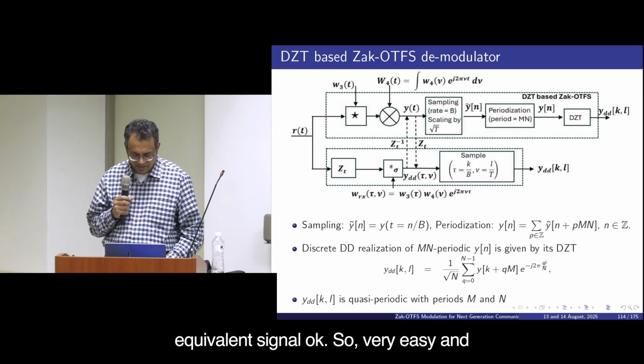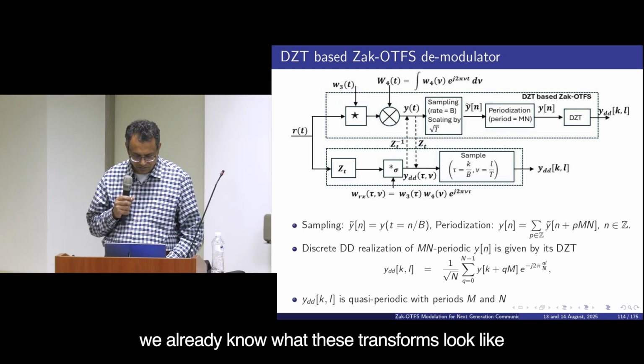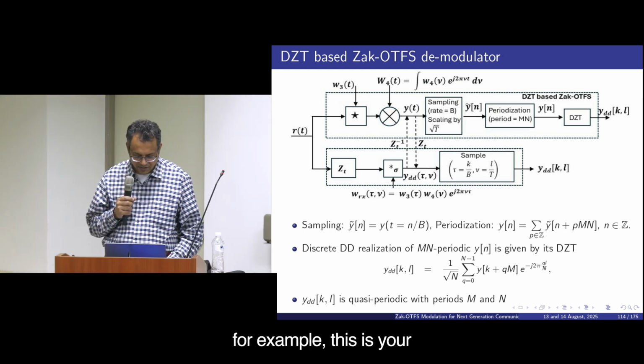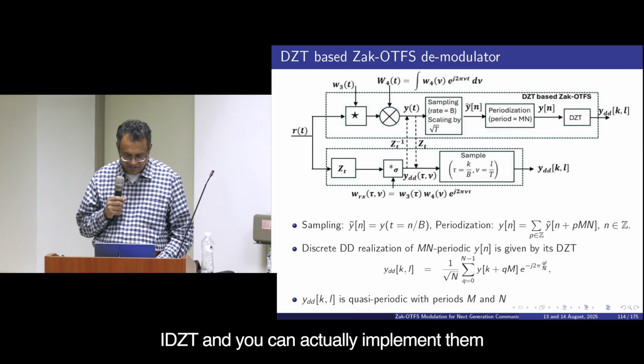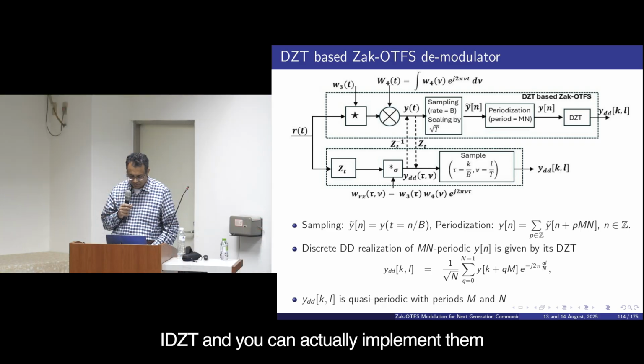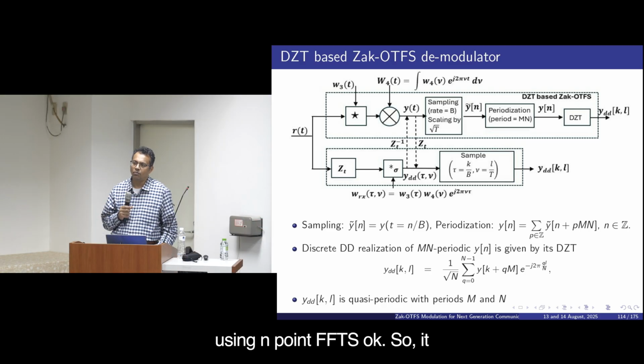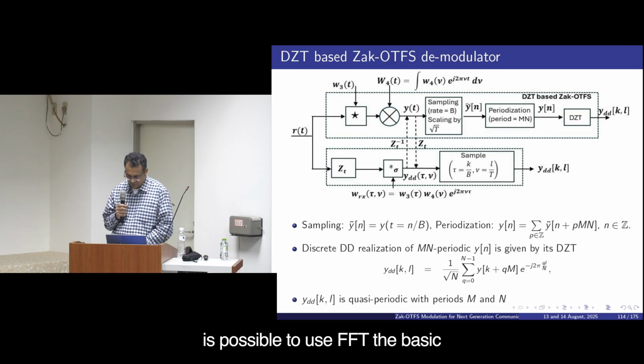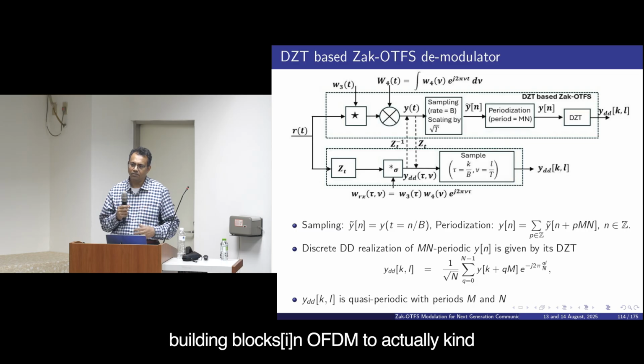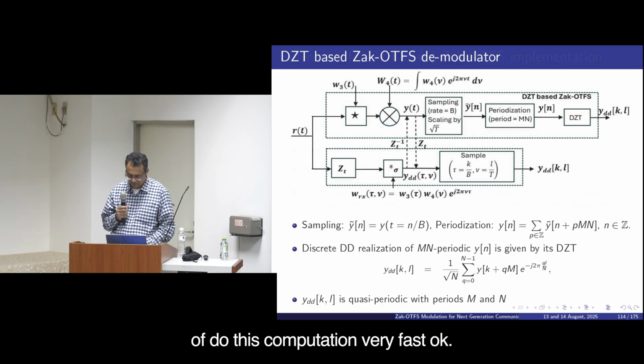It's very easy, and we already know what these transforms look like. For example, this is your DZT, and you can implement it using N-point FFTs. So it's possible to use the FFT, the basic building block in OFDM, to do this computation very fast.